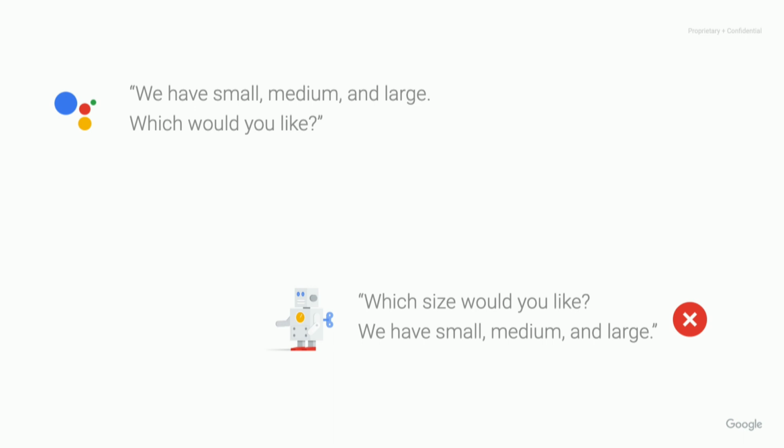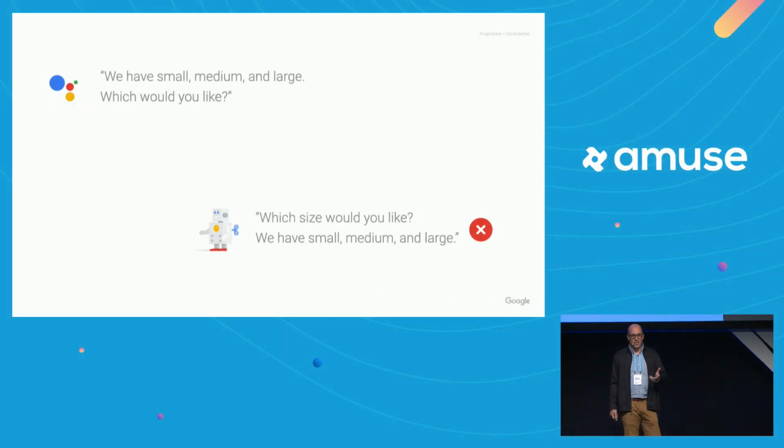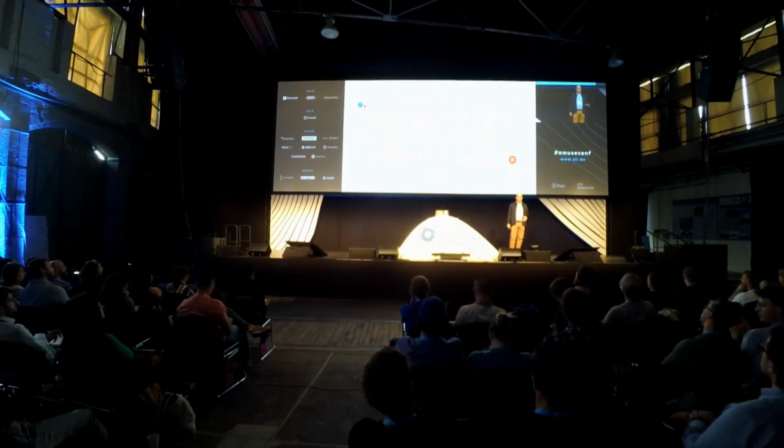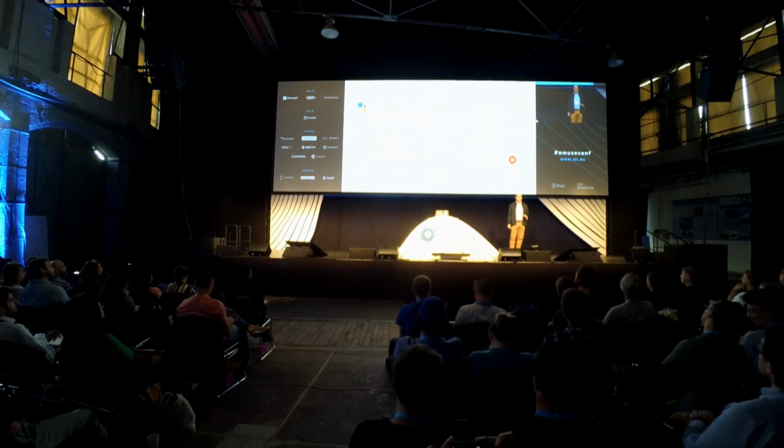We have small, medium, and large. What happens if you do it the second way is that people start answering the moment the question is up. And you interrupt them by saying, we have small, medium, and large, and they start going, and it sets up a misalignment between the two of you. There are many other design strategies like this, but this is just one example that can help avoid this problem.